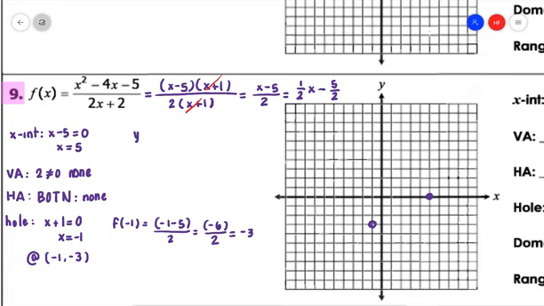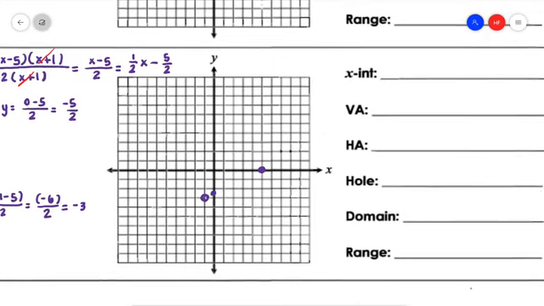And then if we wanted to, we could find the y-intercept to help us graph. This is not required though. So y would equal 0 minus 5 over 2, which is -5 over 2. So the y-intercept is occurring at -2.5. So then I'll just fill all this in here.